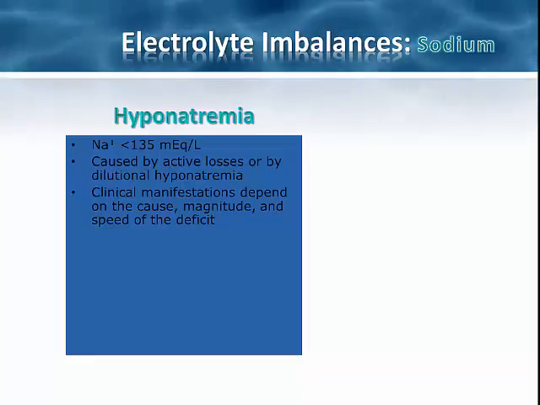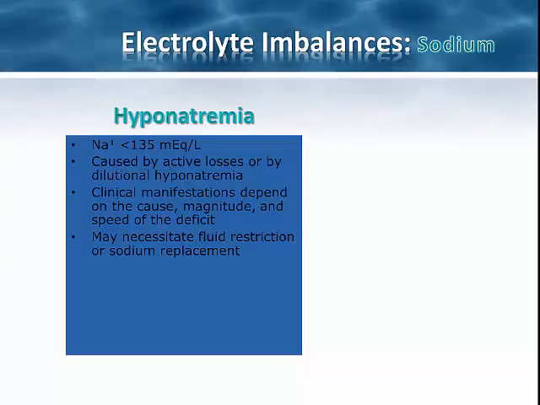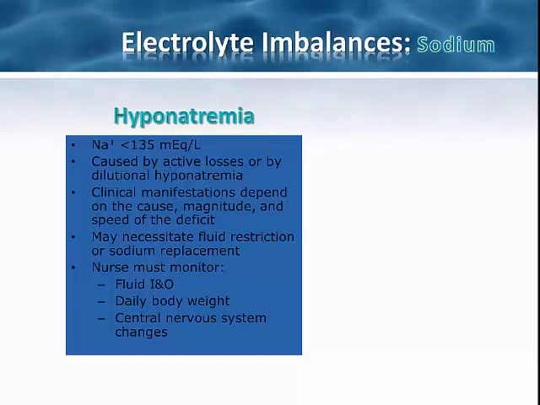Clinical manifestations vary based on the cause, the magnitude, and the speed of the deficit. We may necessitate fluid restriction or sodium replacement. Nurses must monitor fluid intake and output, daily body weight, and central nervous system changes.